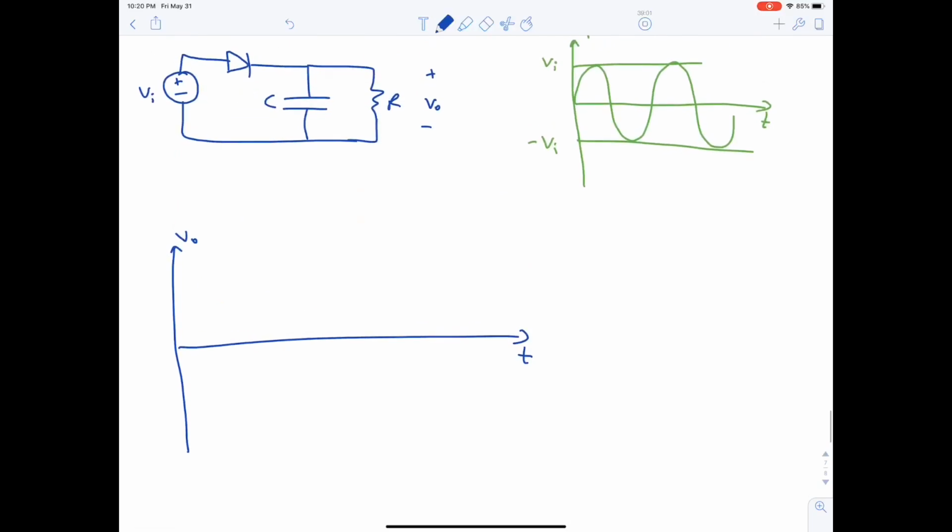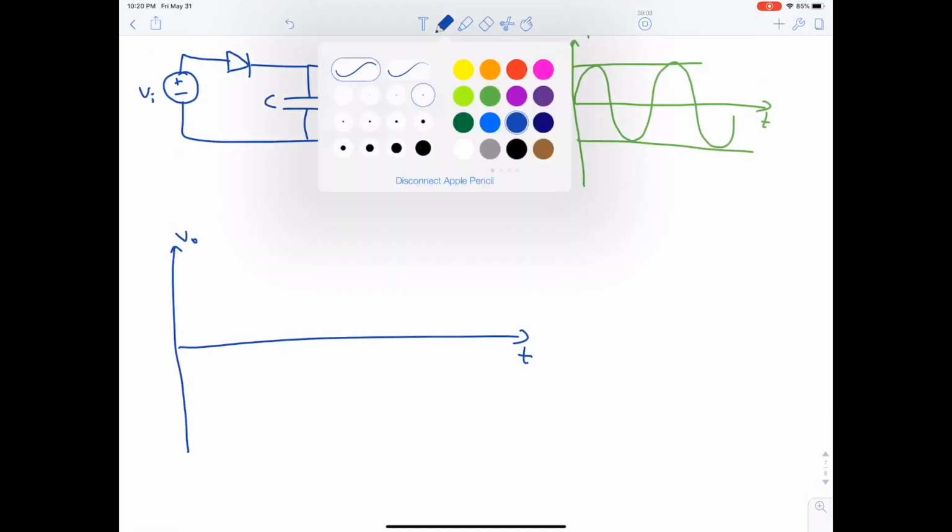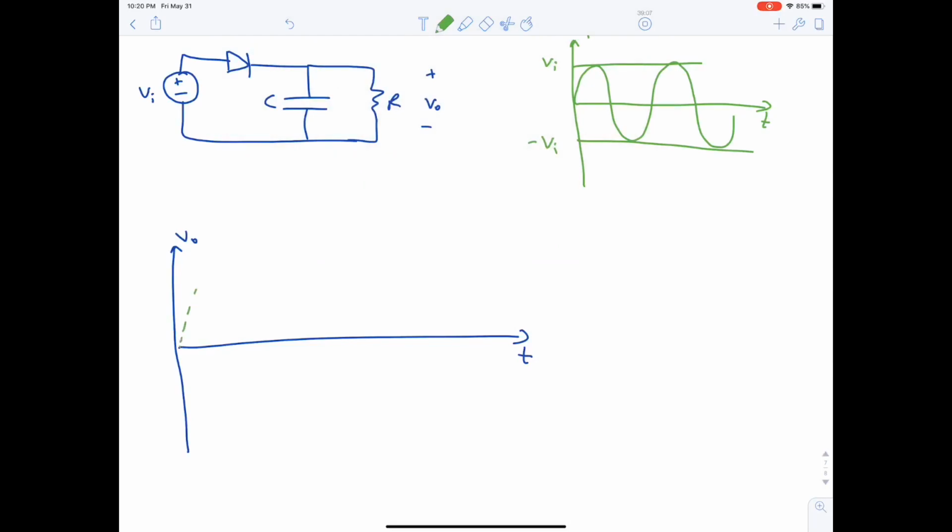Let's draw the output waveform. VI as a dotted line first.